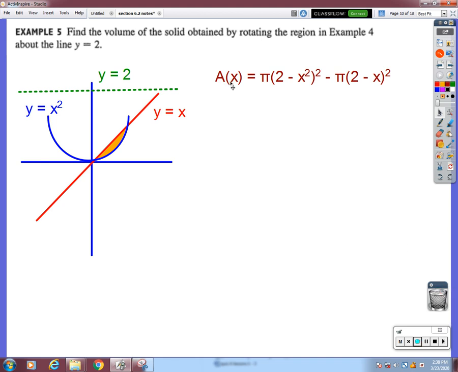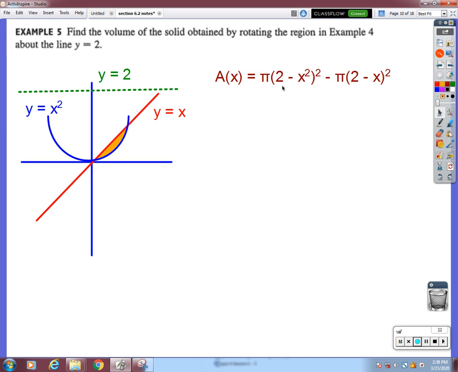So the area of my cross sections in this case, since they're still circles, they're still cylinders, is pi times, oh, I went the other way around because this one is actually above this one, so I have to go top to bottom. If I went bottom to top, it wouldn't actually matter because we're squaring it and everything would switch around to be positive.